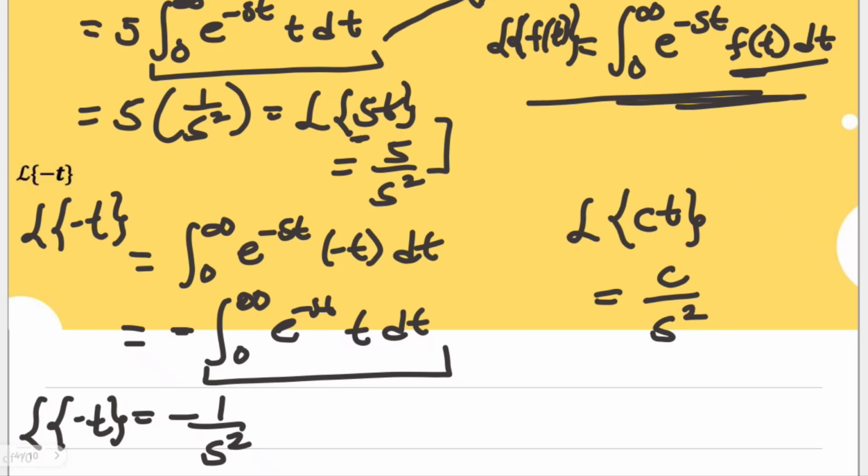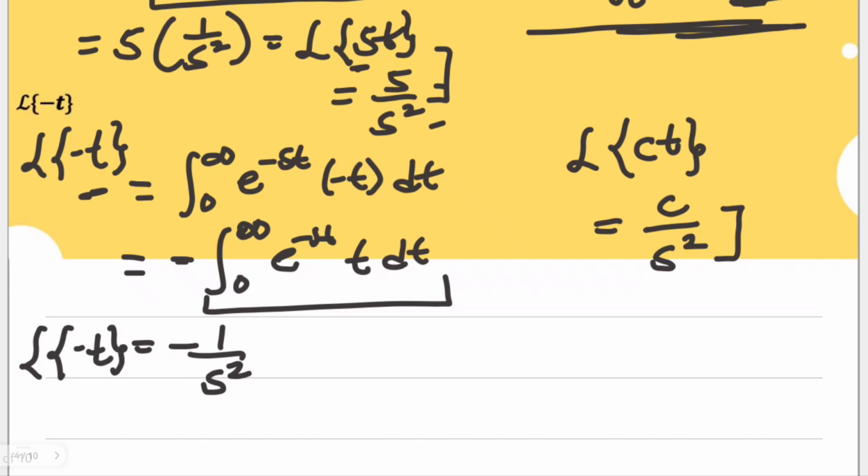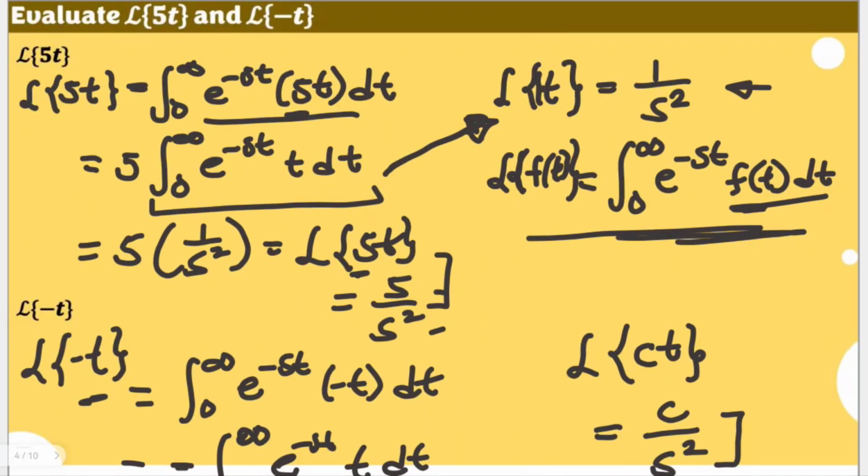Look into this: 5t gives 5 over s squared, negative t gives negative 1 over s squared, and of course, we know that 1t gives 1 over s squared. So for any c, this is the form of the Laplace transform. Take note of that, as it could also be applicable for other situations pertaining to linearity and such. Thank you very much for watching.